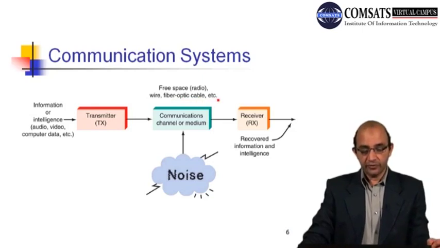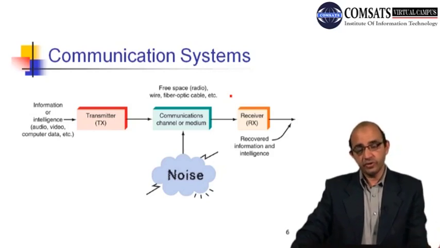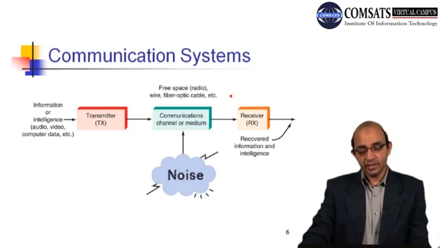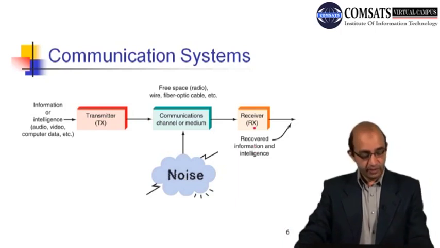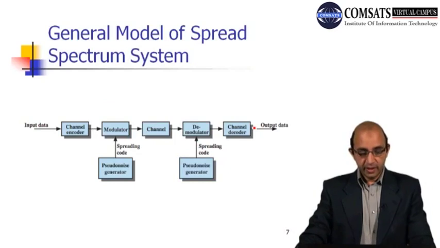And we can also have other media like UTP and STP and coaxial cable. So here is the communication channel between the transmitter and the receiver, and of course those channels introduce noise. So on the receiver side we have to detect the information intelligently.